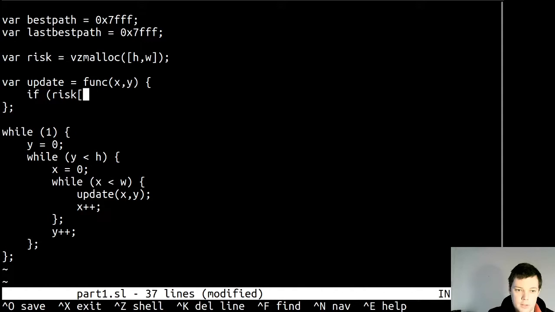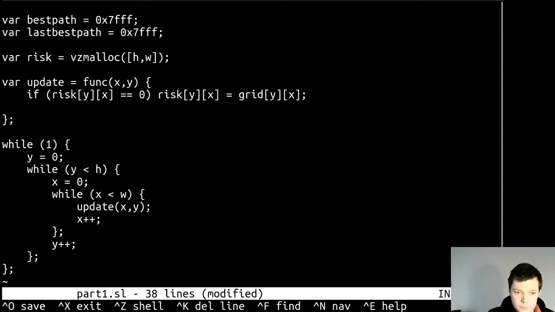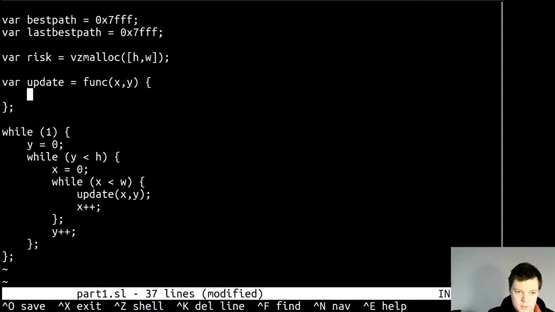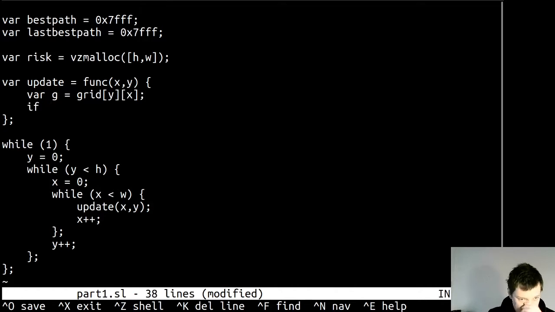If the risk at this point is unknown, then it just comes from the grid. So the value from the grid is grid yx, and then risk yx equals g.